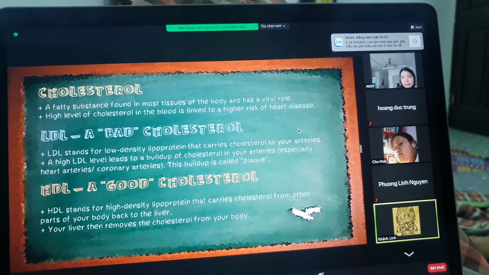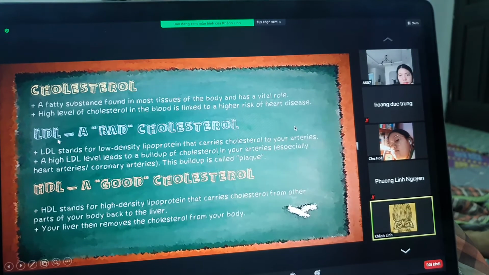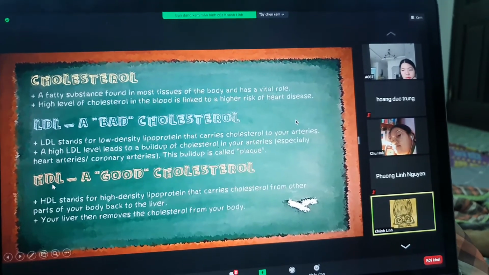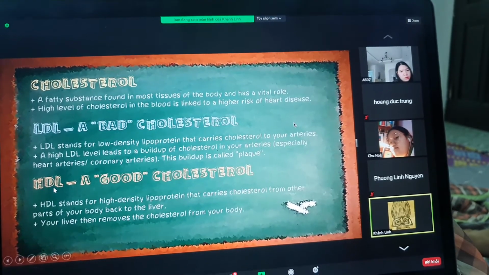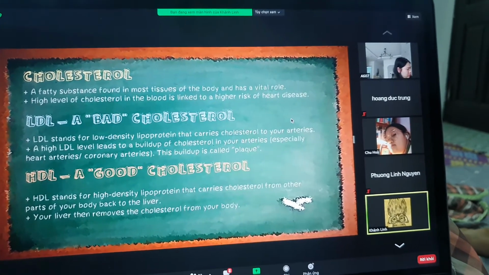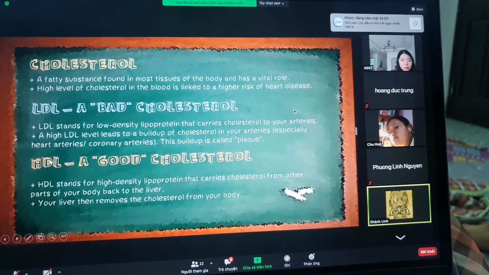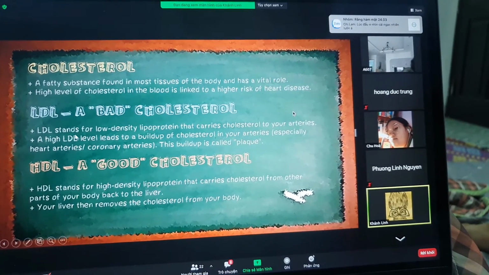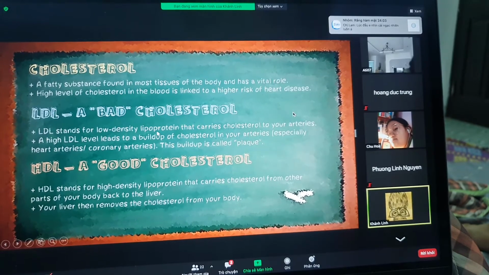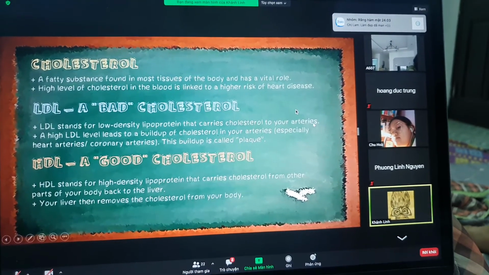There are 2 types of lipoprotein related to cholesterol. They are LDL and HDL. They are combinations of lipid and protein. LDL and HDL have different purposes. LDL stands for low density lipoprotein, which carries cholesterol to your arteries.